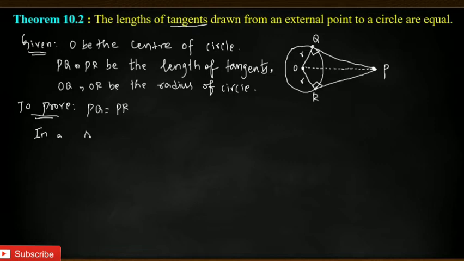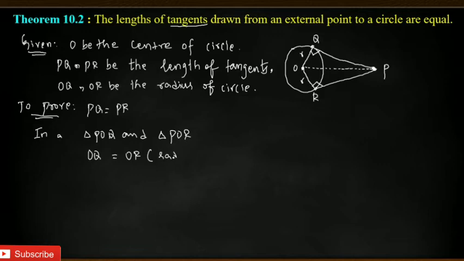So in triangle POQ and triangle POR, these two triangles I'm taking. I'm going to use the congruence rule. Let's see what things we have equal in both triangles. See here, OQ is equal to OR because both are radii of the circle.